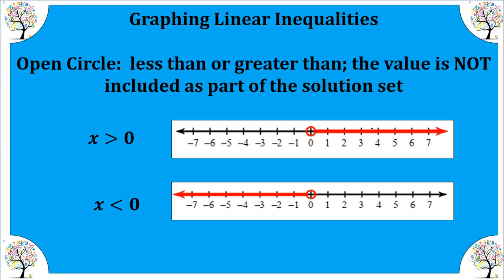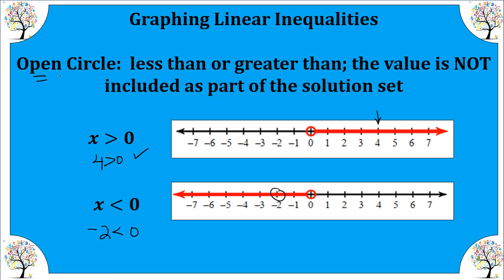So I could pick any of these numbers, and you can see the arrow continues forever. So if I picked the value 4, 4 is greater than 0. We can see that is true. And then we have x is less than 0. So all the numbers from 0 and left on this number line will make this true, but not including the 0. So if I were to pick -2, we all agree -2 is less than 0.